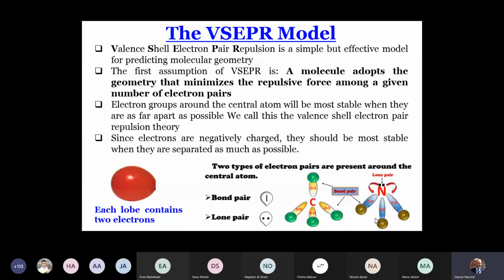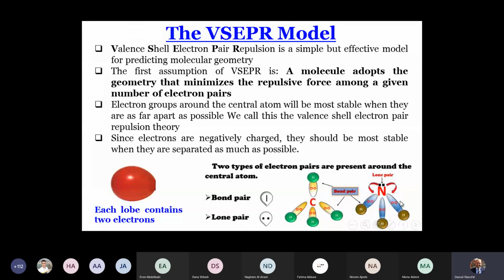So what are the types of bonding in CH4? First of all, you have to calculate EP, the electron pairs. EP equals, in the case of carbon, 1, 2, 3, 4. So the carbon has EP equal to 4. In the case of nitrogen, EP is equal to 4: 1, 2, 3, 4.